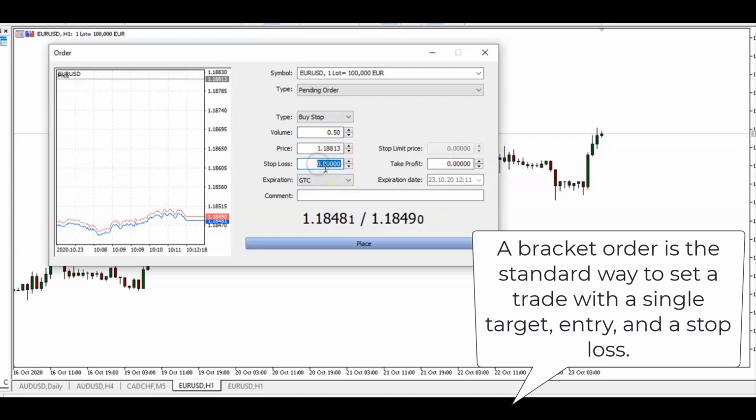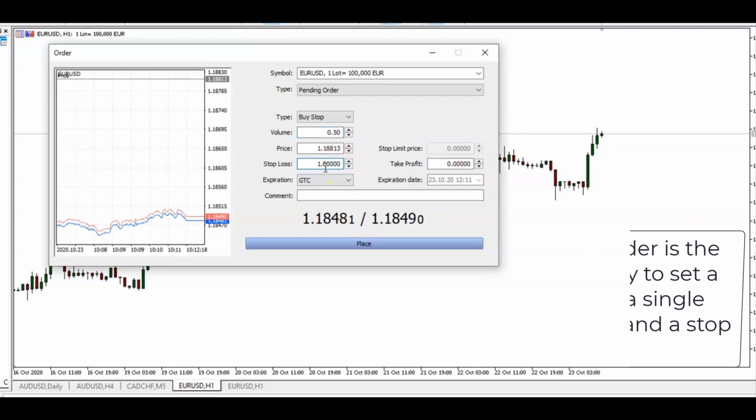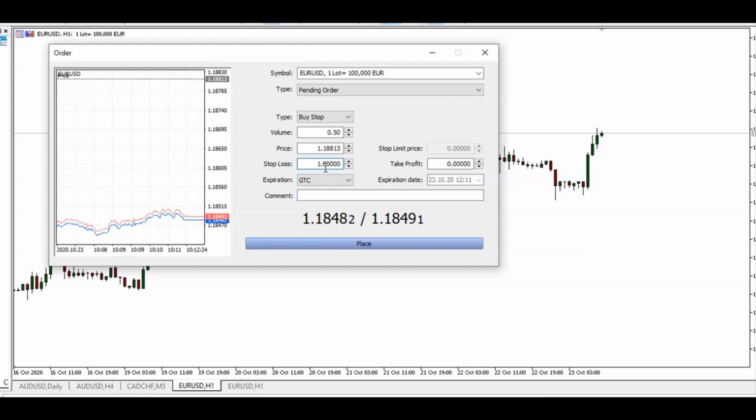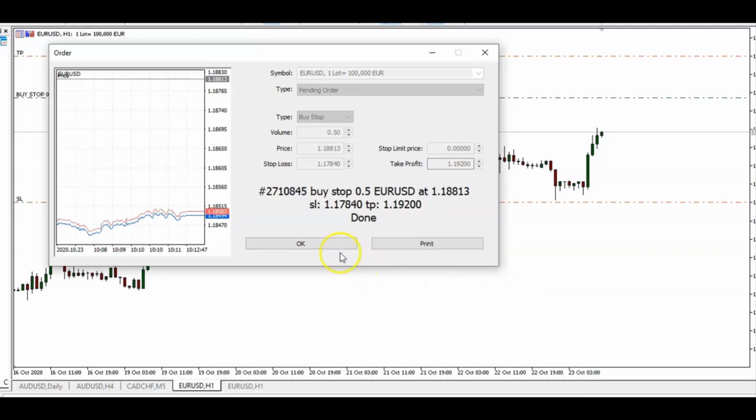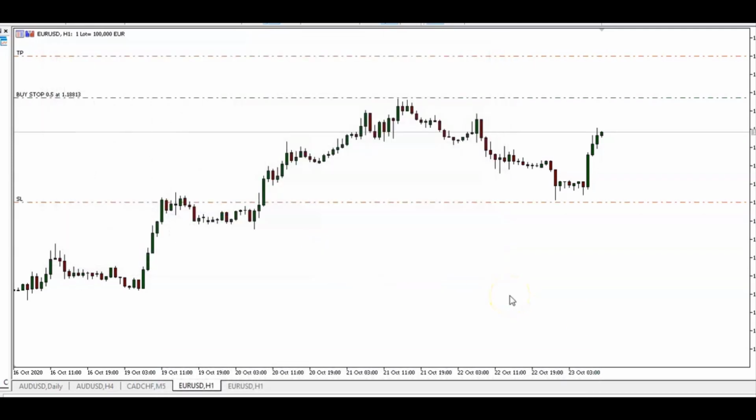Let's put a price below the current market, this is an example, 1.1784 maybe, and let's also attach a target order. In this case, guys, there will only be one target. Let's put it a little bit higher up, 1.1920, and you place your order, and boom, automatically those lines will appear there.